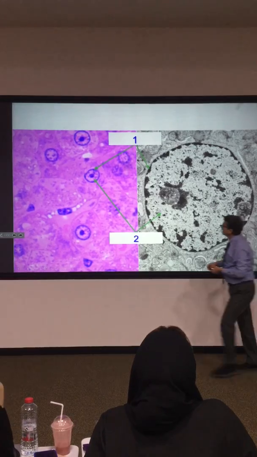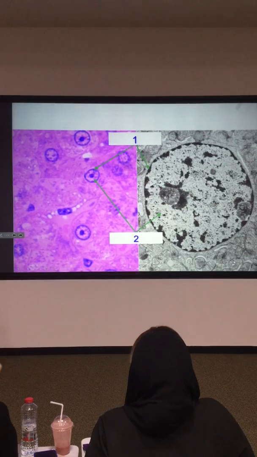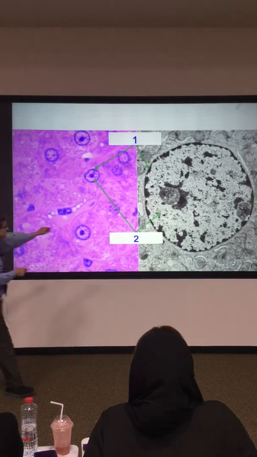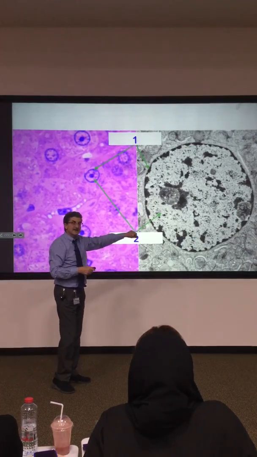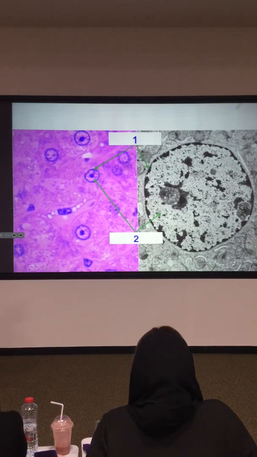Okay? So, which microscopes were used to take these pictures? Light and electron. So this is a light microscopic image, this is an electron microscopic image, or electron micrograph and light micrograph. And what is the difference between 1 and 2 here? 1 is pointing to what?